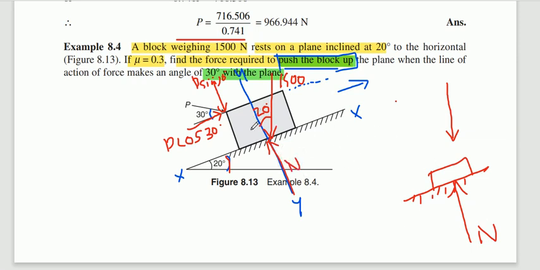Now the important thing is you need to write the friction force. Because the block is moving, there is friction. How do you write the friction force direction? Opposite to the direction of the motion of the block.